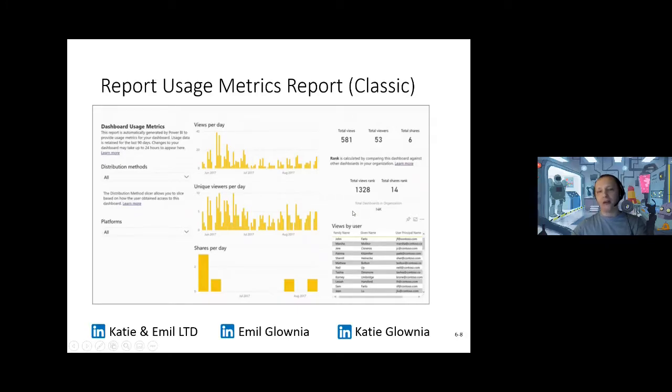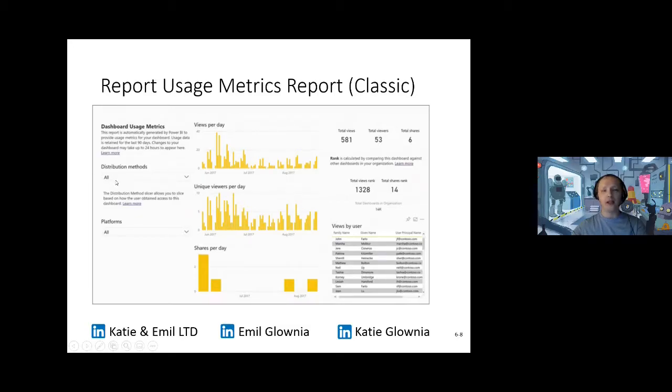I presume it's a starting point, but it doesn't give us a lot of useful information. It's quite limited to just views per day and who viewed this particular report.